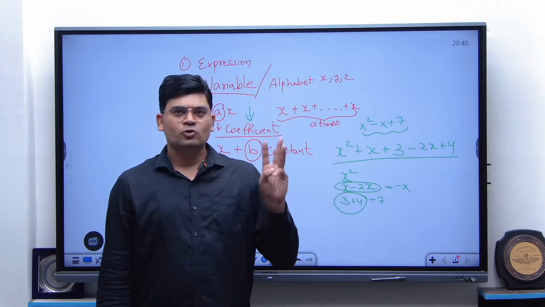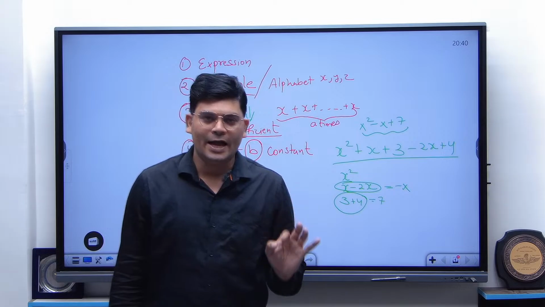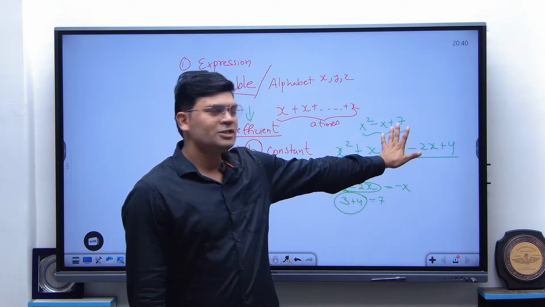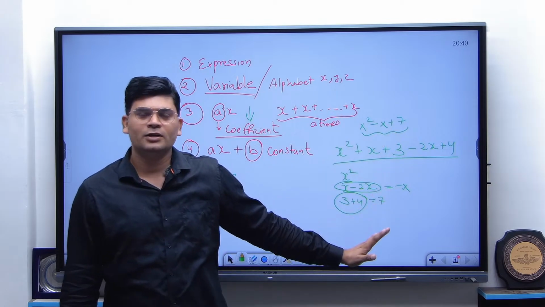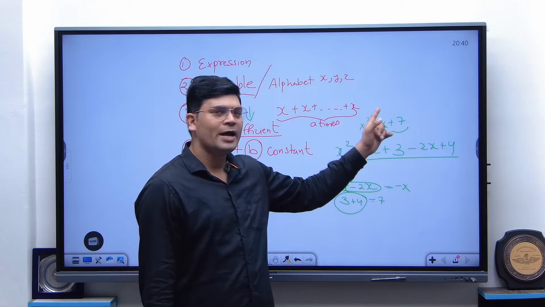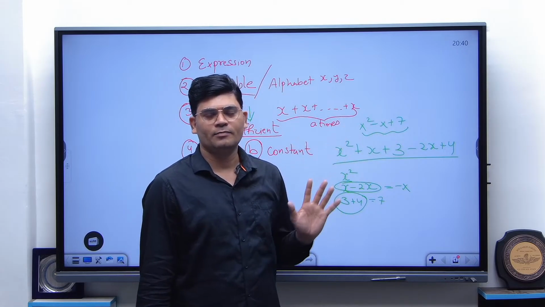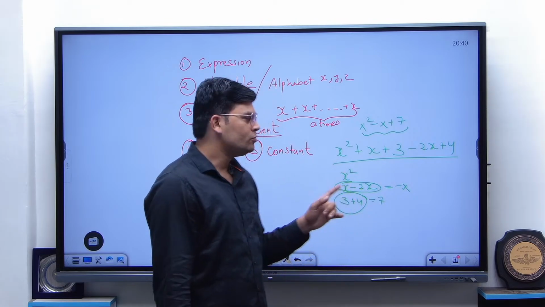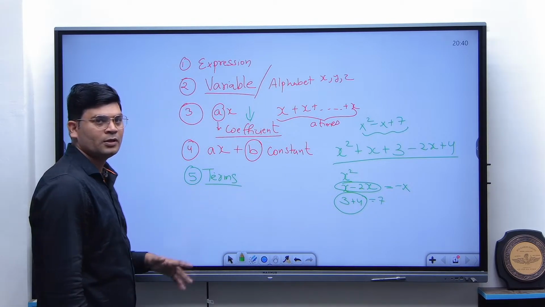The like terms are to be added first, and then you conclude the final expression, and then you say the number of unlike terms. Since you cannot add x square and x, they will remain as they are. You understood the concept of term.